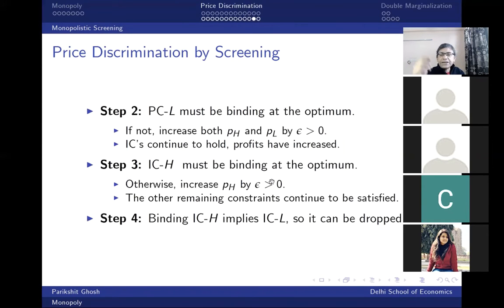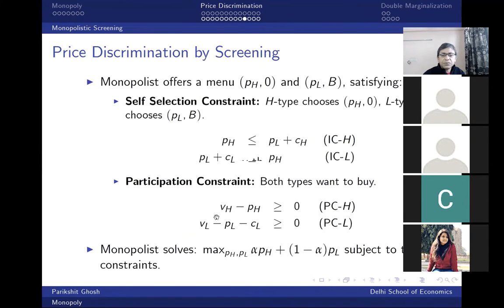Okay, so it's a bit intricate. You have to go through the steps and satisfy yourself that they're all correct. But after these 4 steps, we reach the conclusion that this problem, which initially was cast as profit maximization subject to 4 inequality constraints, becomes equivalent to a profit maximization problem with 2 equality constraints.